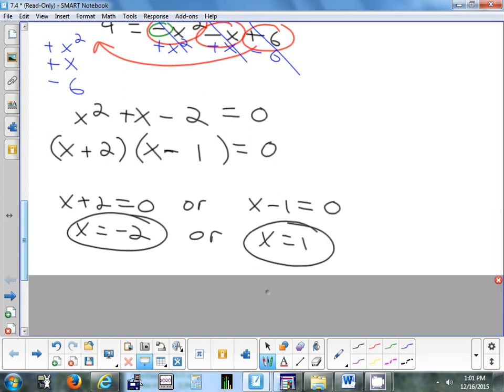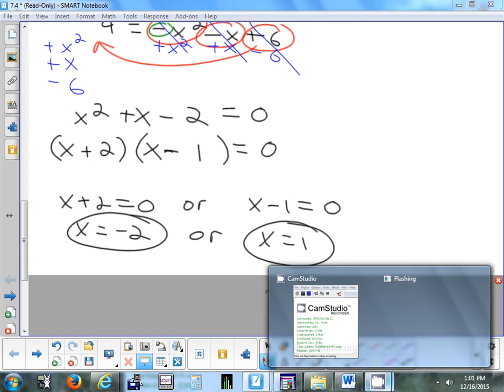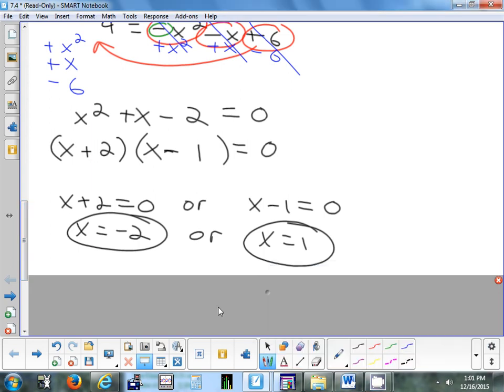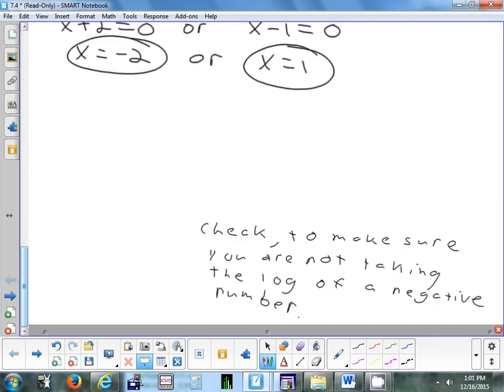Now, when we're working with logarithms, the only thing we have to do is double check to make sure we never take the log of what kind of number. I said logs always have to be positive. So we have to check to make sure you're not taking the log of a negative number. If one of these answers causes you to take the log of a negative, we're going to cross it out.